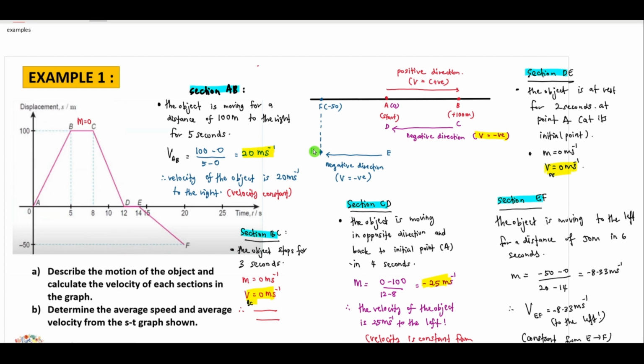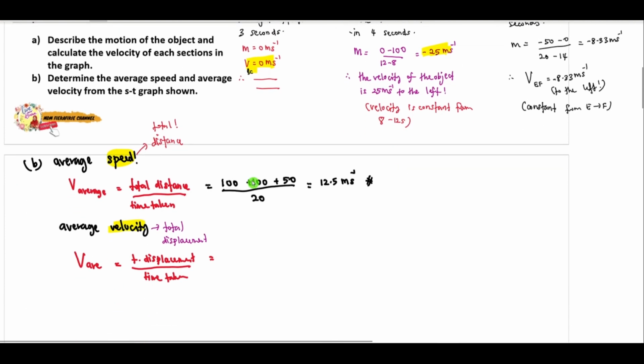So, positive 100 plus negative 100 plus 0 and plus another negative 50 meter. Okay, negative means that the object is moving in negative direction to the left dalam case ini. Okay, so 100 plus negative 100 plus negative 50.